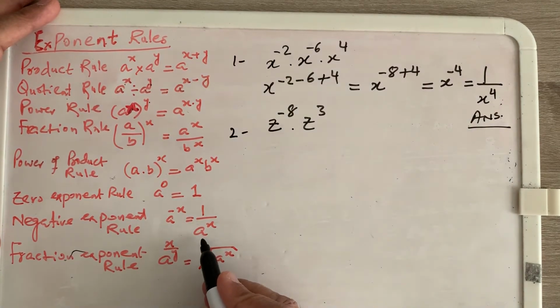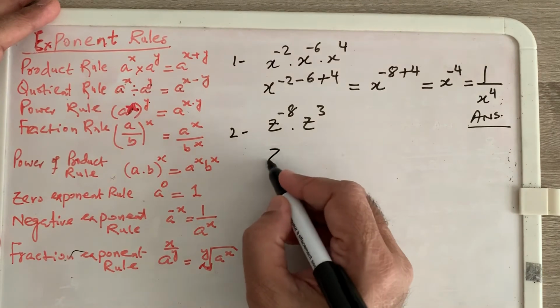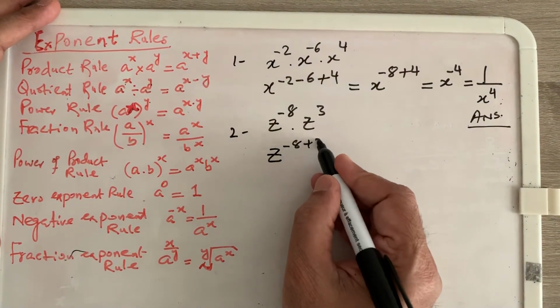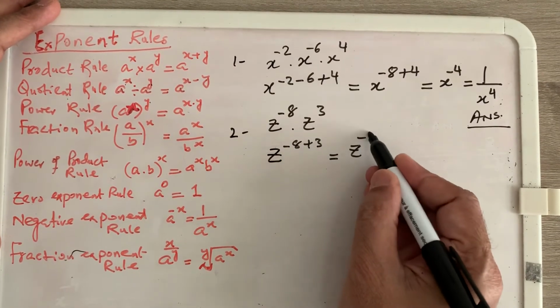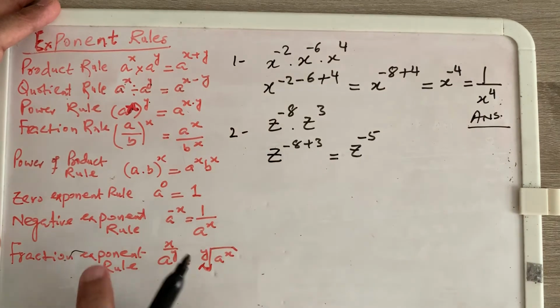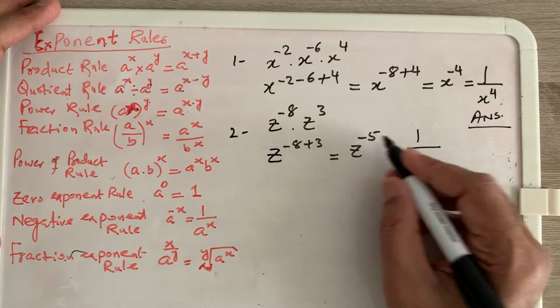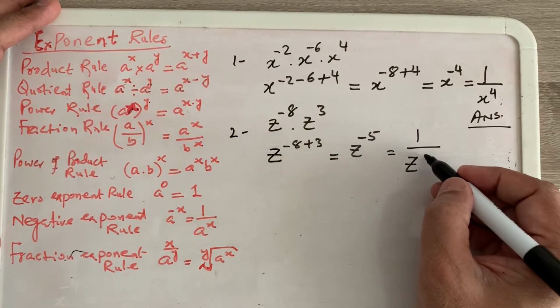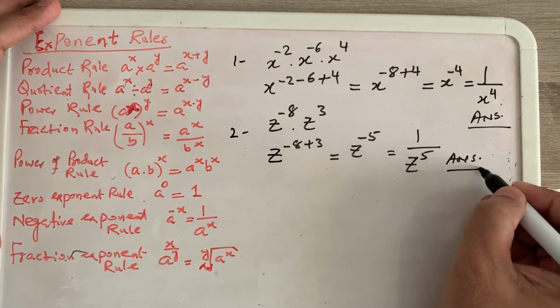You can do it with this method, or with the first one, which says that if the base is the same, powers can be added or subtracted. So whatever is going on here will give me z to the power minus 5. And I will apply the negative exponent rule, which says that if you have something in a negative power, you can shift it from the numerator to the denominator to make it a positive power. This is my answer, right?